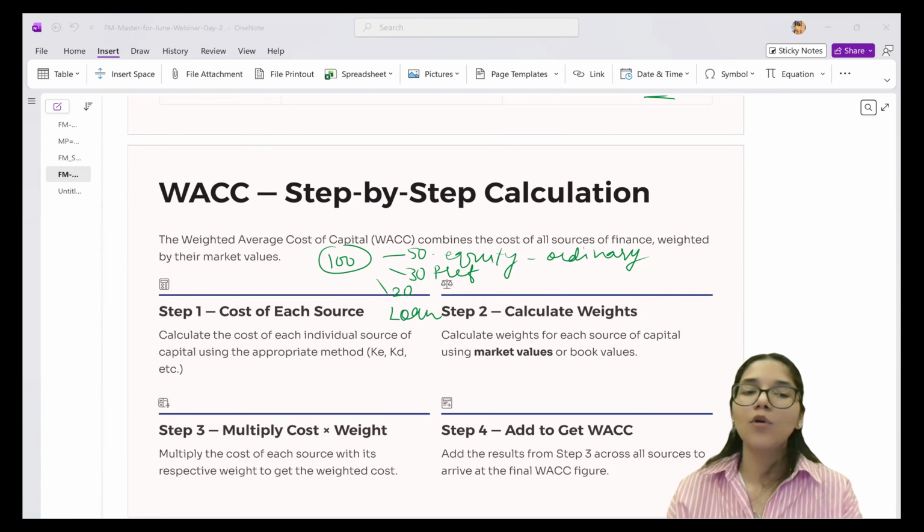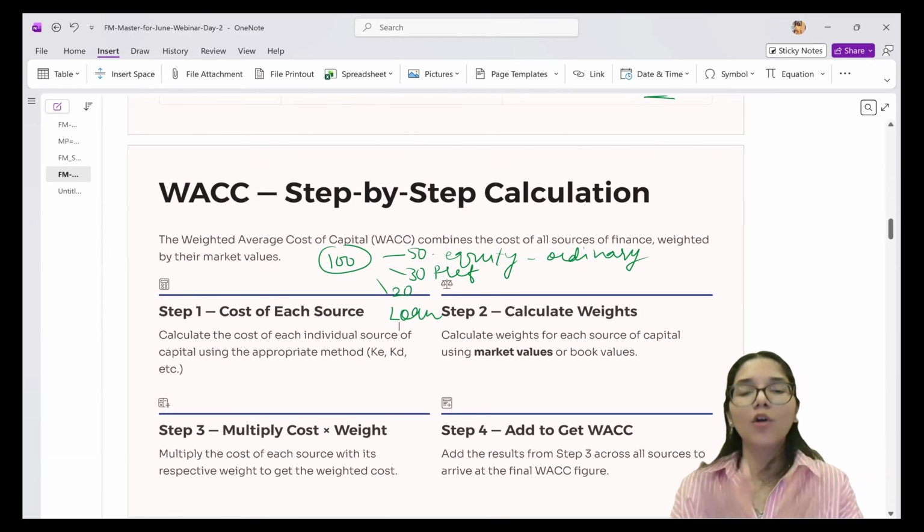For that reason, what we calculate is called the weighted average cost of capital, with the help of which we combine the cost of all sources in one number, and then we weigh it usually by the market value of my equity, preference shares, and the loan notes.